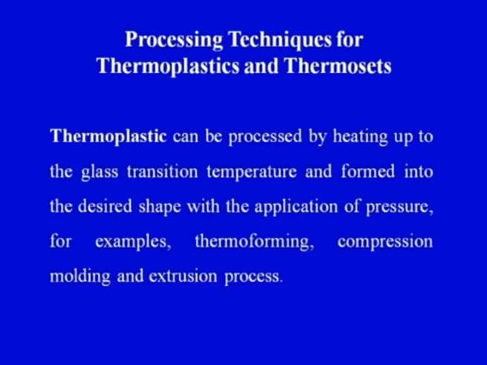The raw material has to be heated to a particular temperature, and at that temperature sometimes pressure may be required to be applied in order to give a shape to the final product. So thermoplastics can be processed by heating up to a glass transition temperature, H for heating, and formed into the desired shape, F for forming, with the application of pressure. Examples are thermoforming, compression molding and extrusion process.